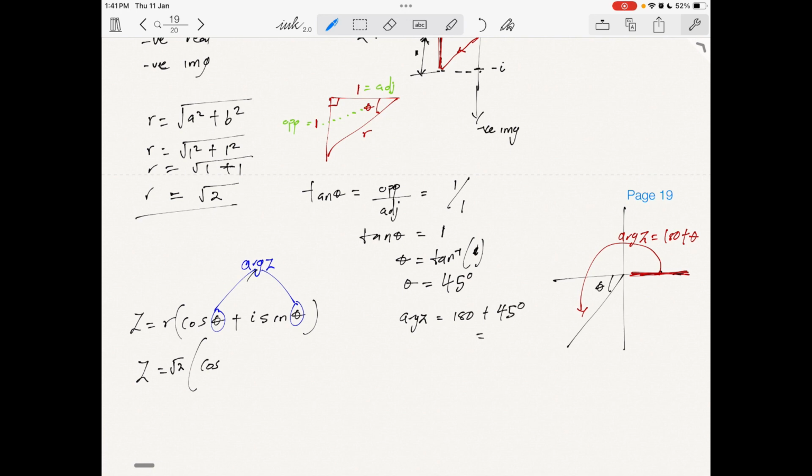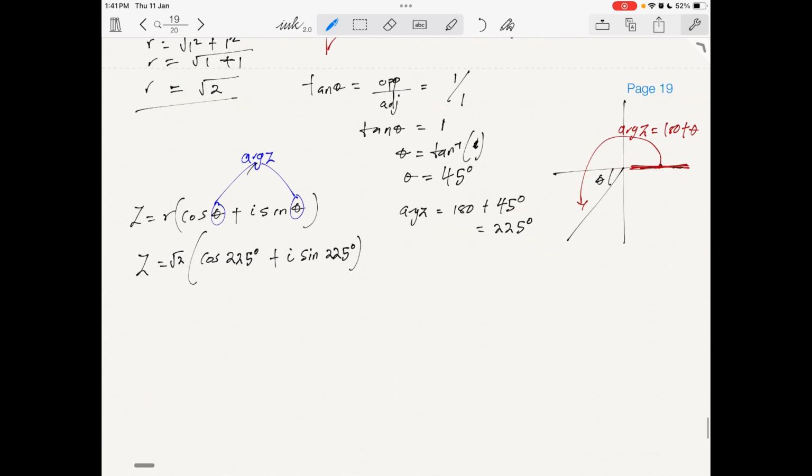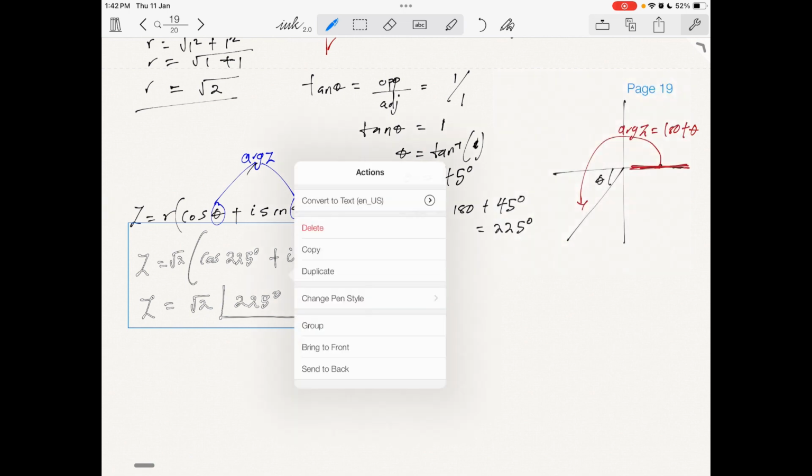So 180 plus 45 degrees is 225 degrees. This gives us cos 225 plus i sine 225 degrees. Now Z is equal to root 2 cis 225 degrees. Now this is the final answer.